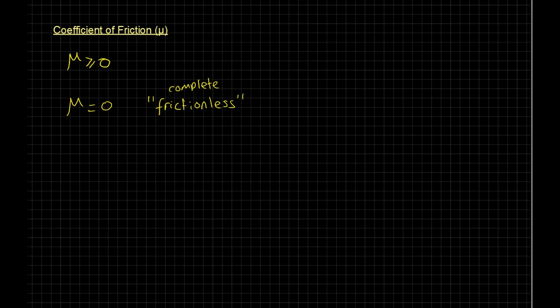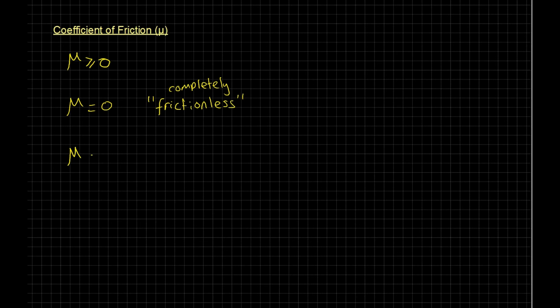And as you increase mu, you're talking about the two surfaces having more and more friction, and there's no limit to how high mu can be. So it can go to 1,000,000. I mean, it could go very, very high. Usually it'll be some number between 0 and 1. Okay, usually. But technically it can be more than 1.